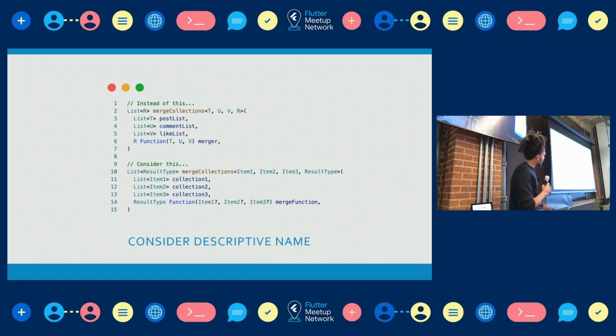So here, for example, we say item 1, 2, 3, and then result type, because we're merging collections, we're merging these 3 items. So this is, I don't know, let's say a database record, workout items, nutrition item, or whatever, journal entry. So it's clear when you see it like this. And the top example, when you see TUVR, it's not always super explicit. So that's why this slide.